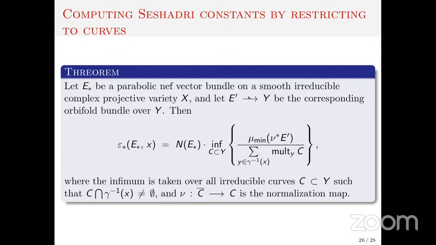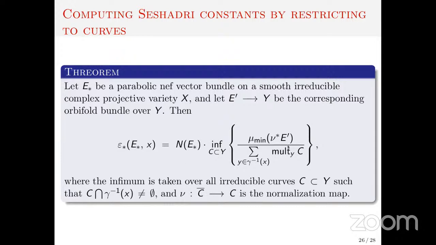Remember, gamma was the cover Y to X, and this nu is the normalization map. So this irreducible curve can be non-smooth, so you have to take the normalization.